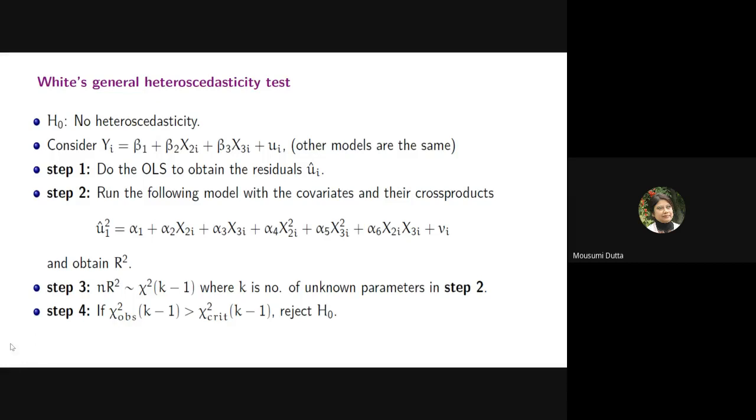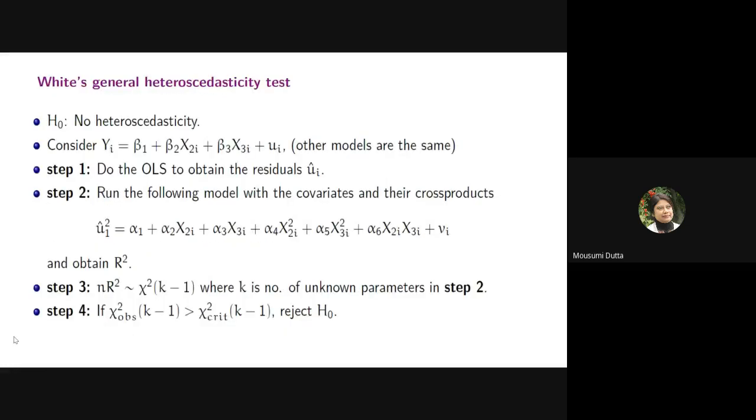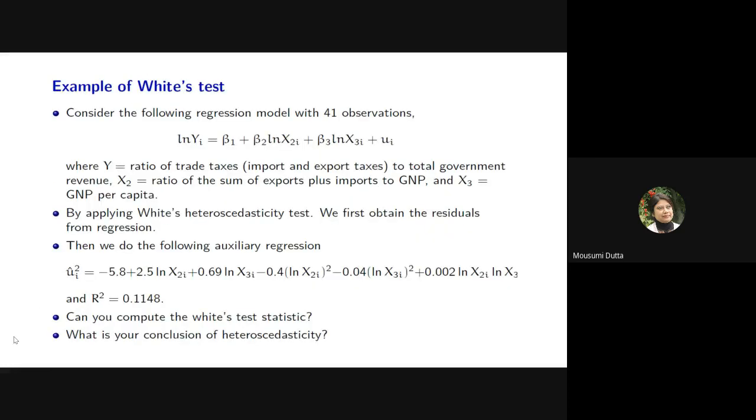So if the estimated chi-square, n into R square, just simply you have to calculate n into R square. That n into R square is following the chi-square distribution. So if that is greater than the critical value, tabular value, reject H0. So here I have given an example. It is in terms of logarithmic values of the variables.